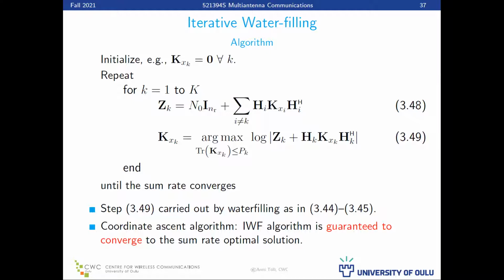Now when we go to the second user, the KX1 is already optimized, but the KX1 adds up to this interference plus noise. Okay. And that ZK is now incorporated into the single user MIMO with colored noise optimization. So basically, just whitening HK with ZK inverse. You get KX1, KX2, and then you move on. If you have two users, you basically just switch between these, optimizing these two users. Right?